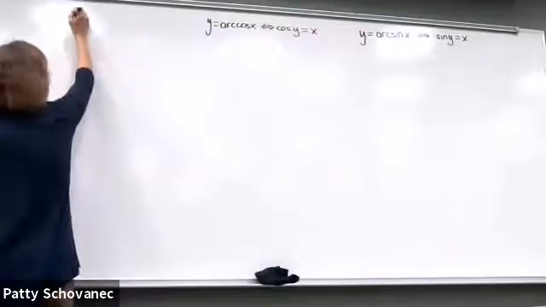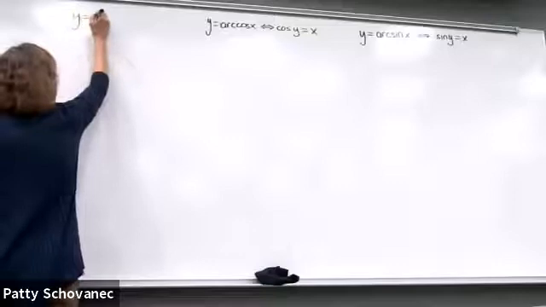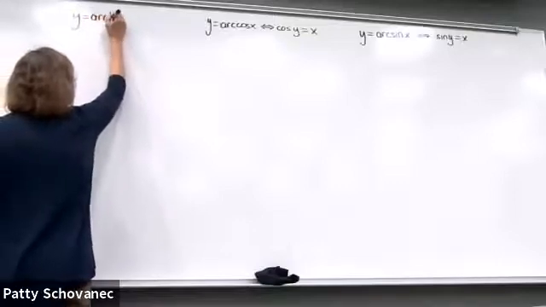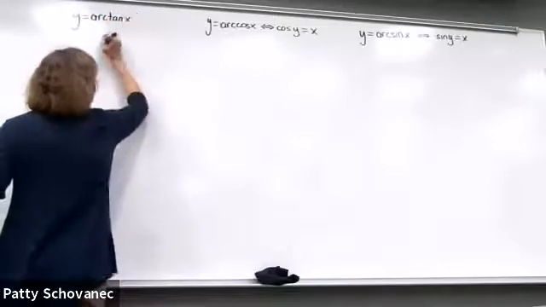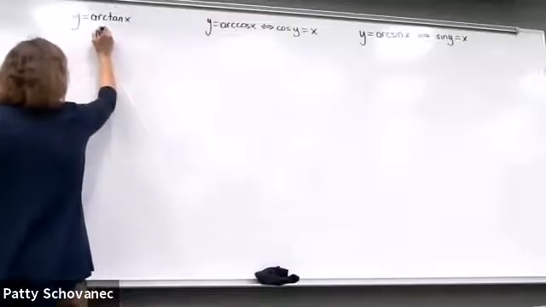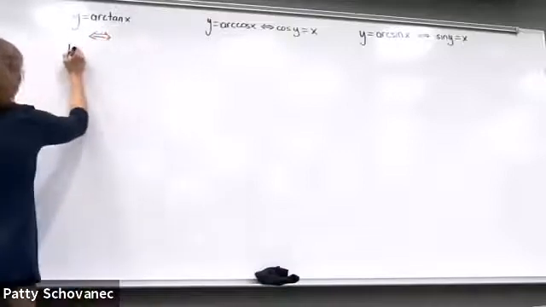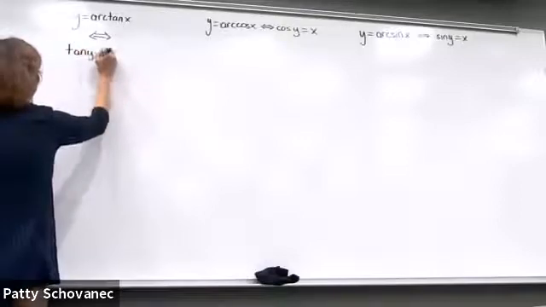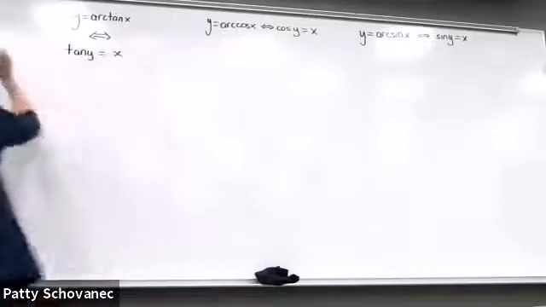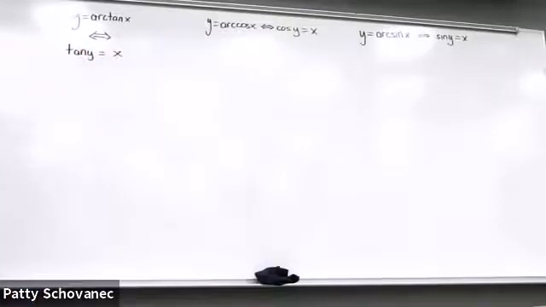Now for the tangent, y is equal to the arctangent of x if and only if, you have to save some room here, the tangent of y gives us back x. Let's see, then we got y is equal to the arcsecant of x if and only if the secant of y is x. One, two, three, four. I've got two more.